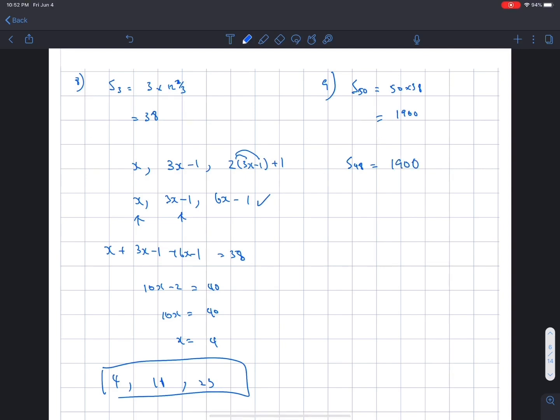The sum will be 1900 minus 45 and minus 55 because those two numbers are being removed. We have 1800. So the mean of the remaining 48 numbers will be 1800 divided by 48. And we get 37.5.